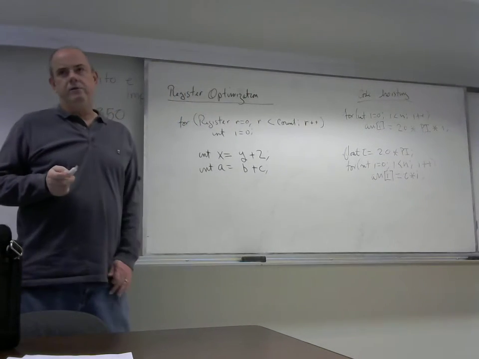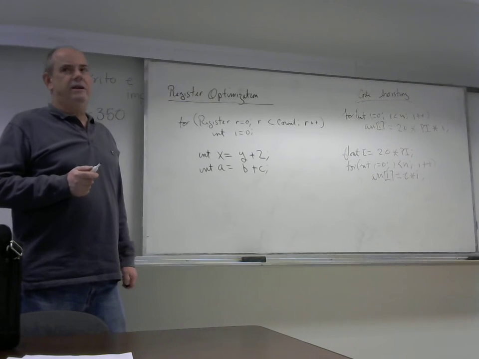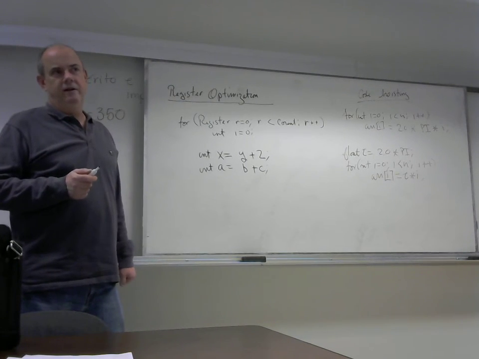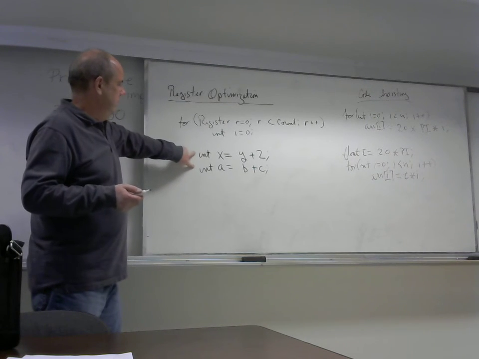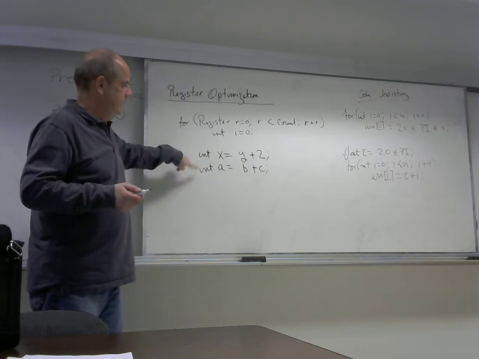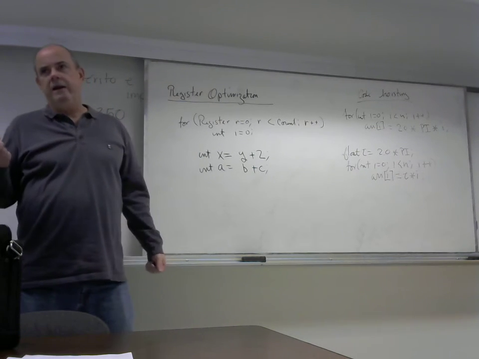Can I do those two things at the same time? Or do I have to do them one after the other? Is there any problem with me doing these in parallel? This in one core, this in another core, doing them at the same time? No, there are no dependencies.